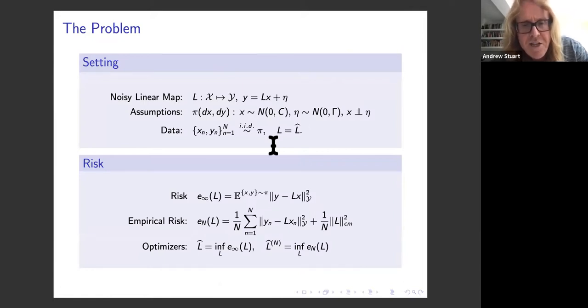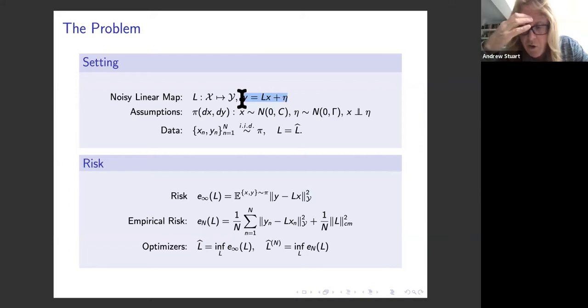There's a lot of notation to take in here, and I don't expect you to be able to take it in the amount of time that I have left. So let me try and explain to you the highlights. So the problem we're interested in is learning the operator L in the equation that I've highlighted in blue.